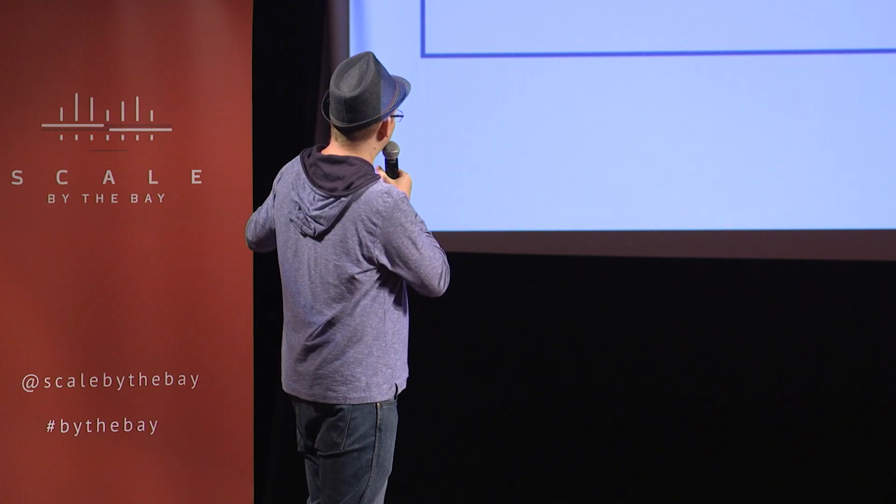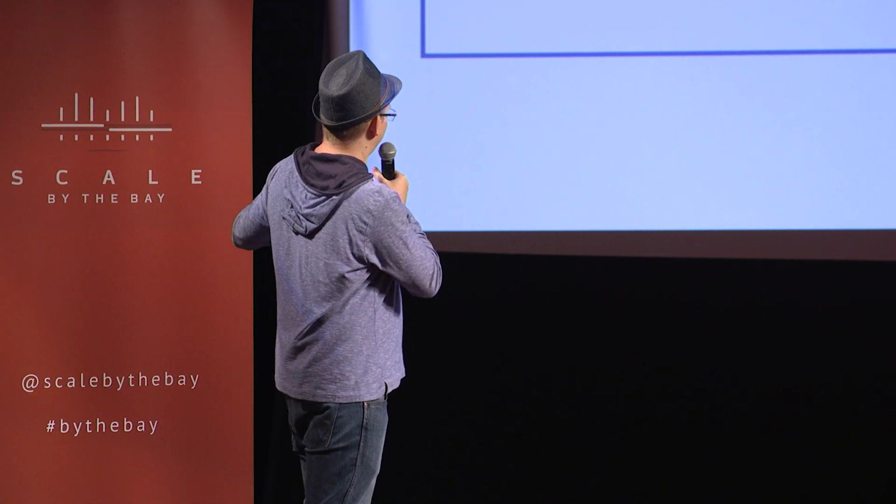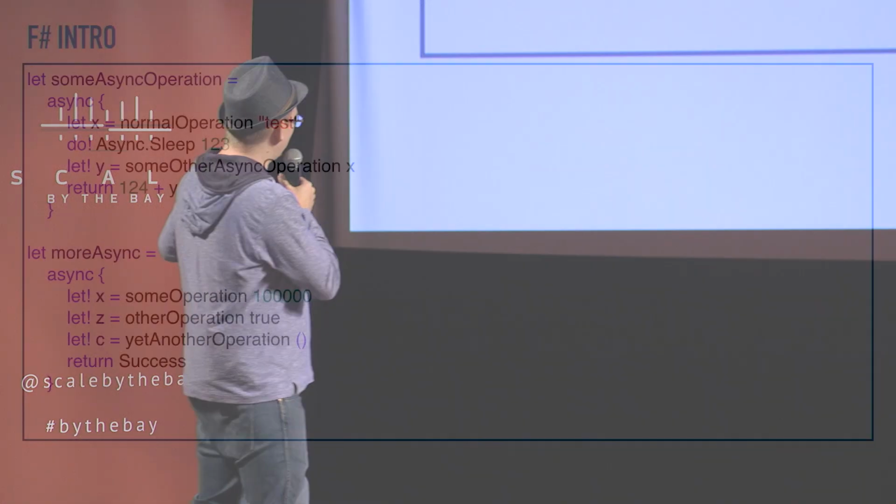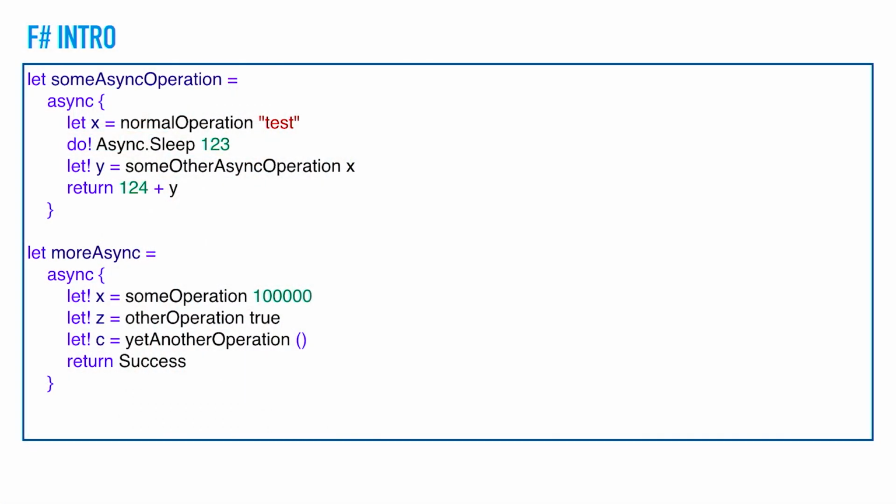But because you put this async and those curly braces around it, that means that this code will be executed asynchronously. So it's almost normal code because it actually introduces two additional things. One is do! and let! operations, and those work like async await from C# or modern JavaScript.